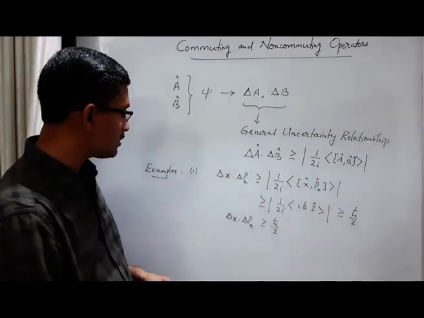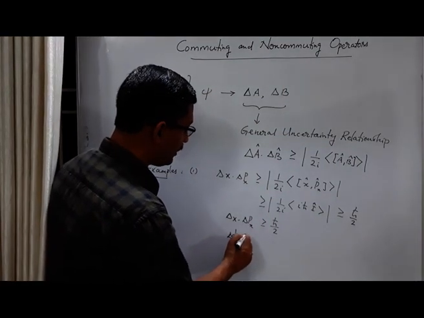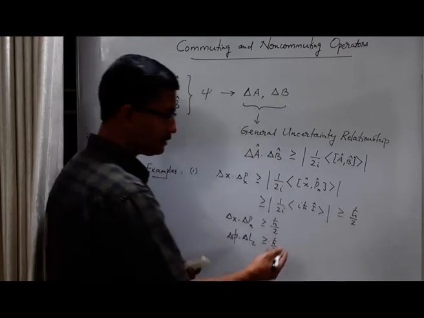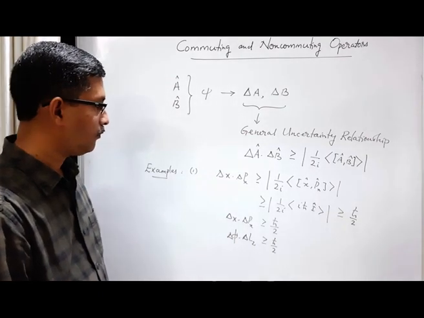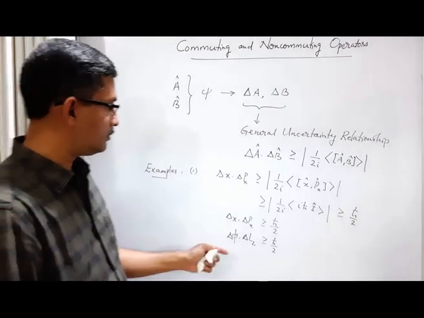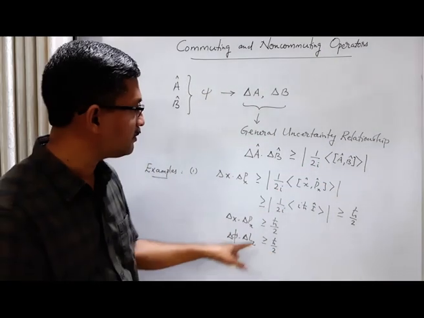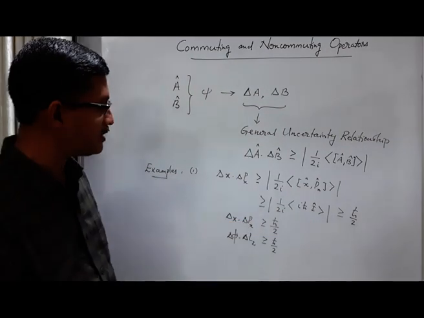For example, if we consider the azimuthal angle and the z component of angular momentum, the commutation rule will be exactly this. Because the commutation rule is exactly this, the uncertainty relationship will also be exactly this. So they share the same.